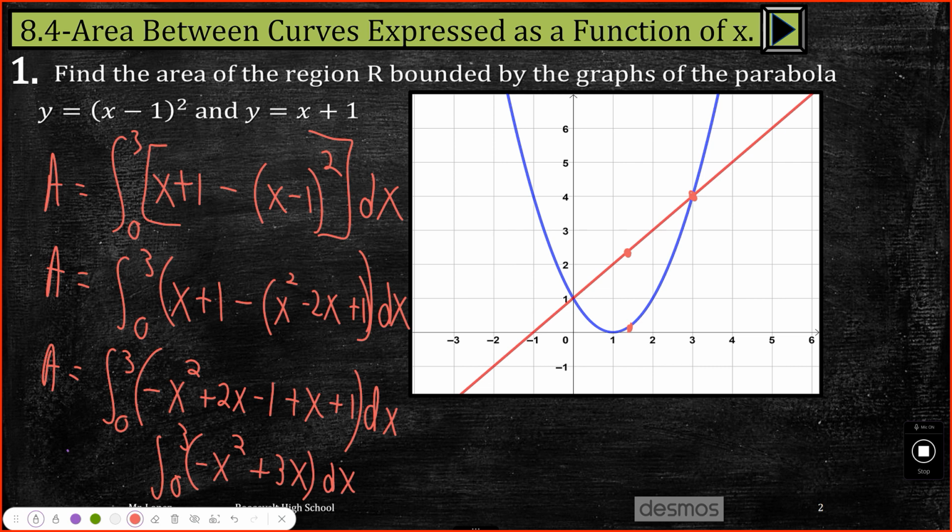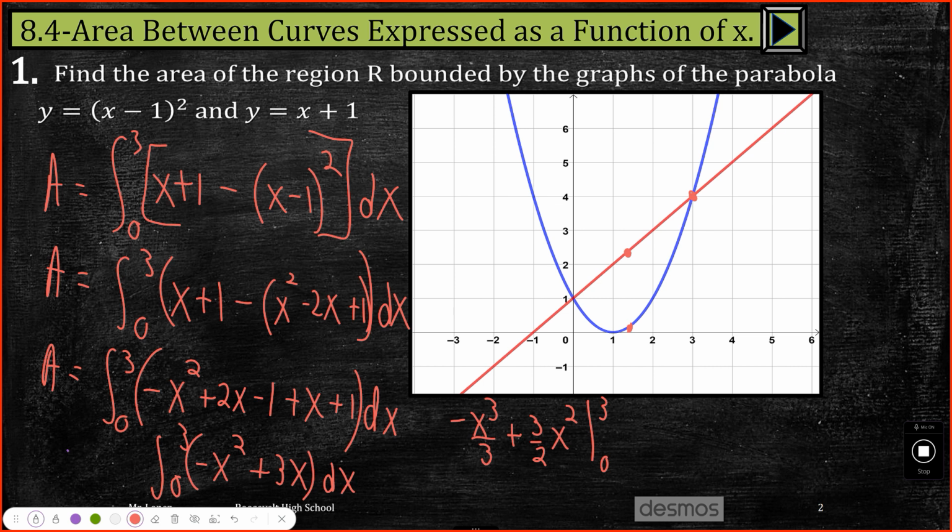So integrate this. It will be negative x to the third over 3 plus 3 halves x squared evaluated from 0 to 3. You see that the 0 is going to cancel out, so this is just going to be this 3.